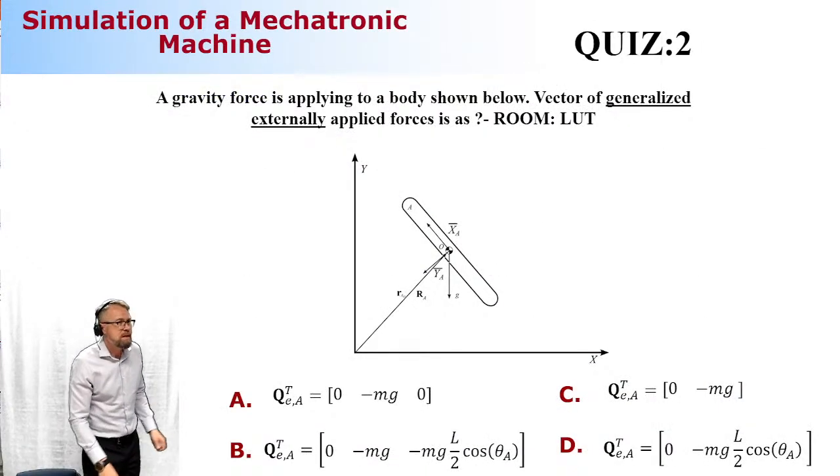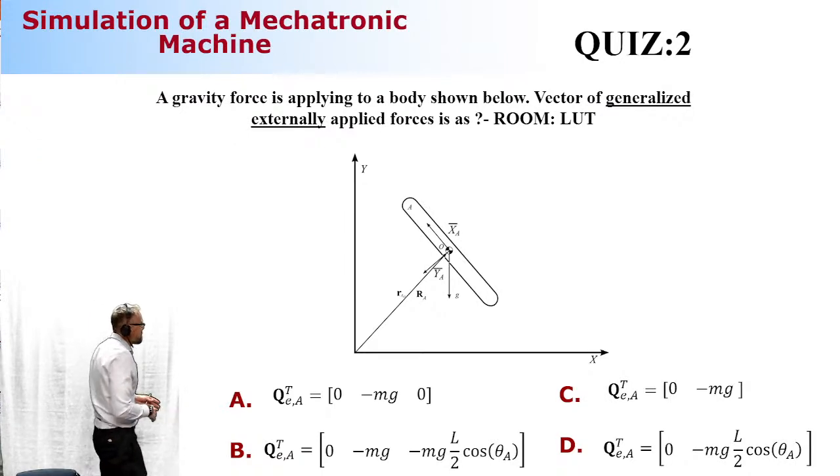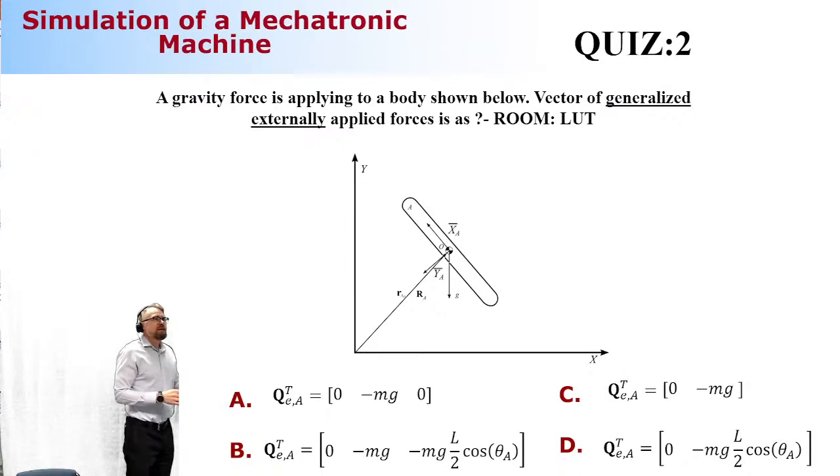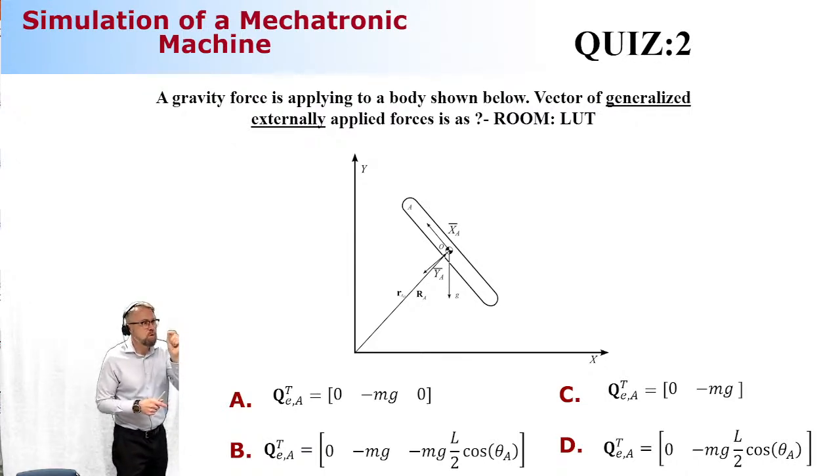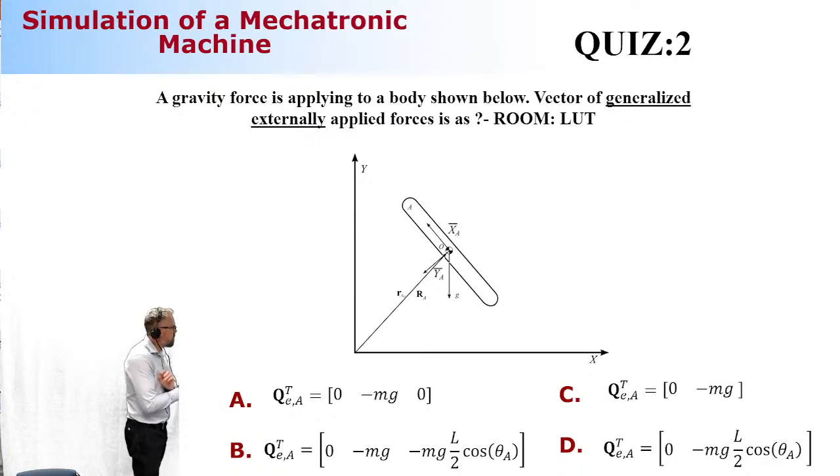Next in-class quiz. Let me explain this to you. So we have the same body, the same beam-like body. Everything exactly like I explained, with one major difference. The major difference is that now the body reference coordinate system is moved to where the center of the mass is located. That's where the force is applying as well. So how is the vector of generalized forces going to look?